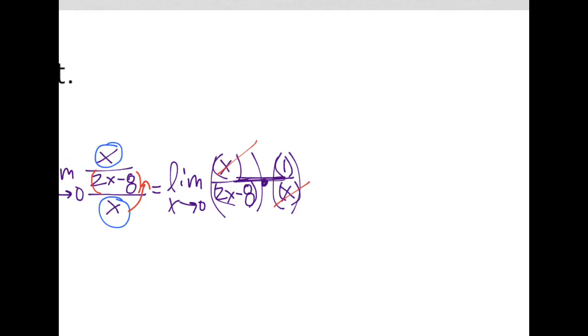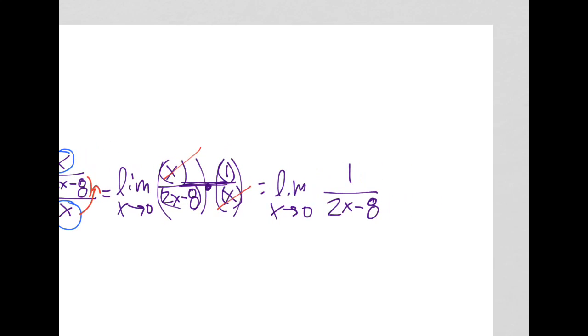Okay, so let's rewrite this now that we have everything figured out. The limit as x approaches 0 of 1 over 2x minus 8. And now I can directly substitute in 1 over 2 times 0 minus 8, which is negative 1/8.